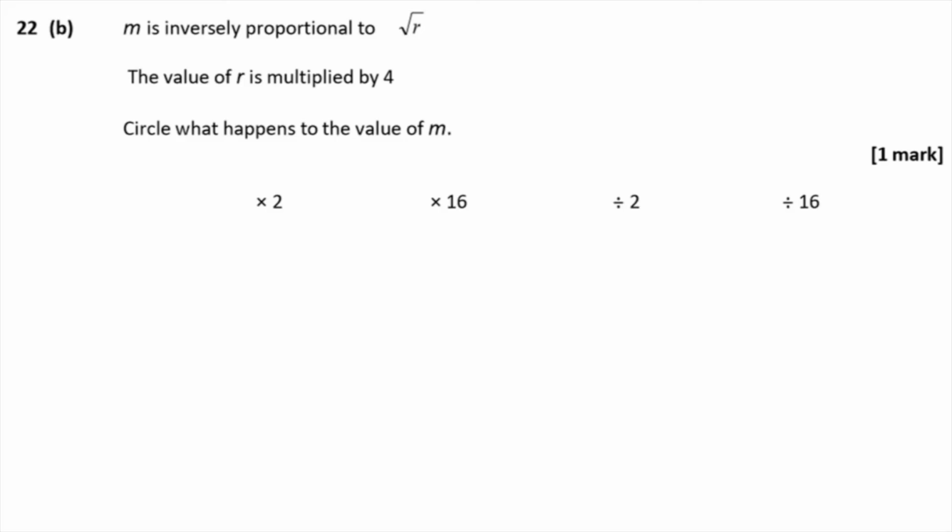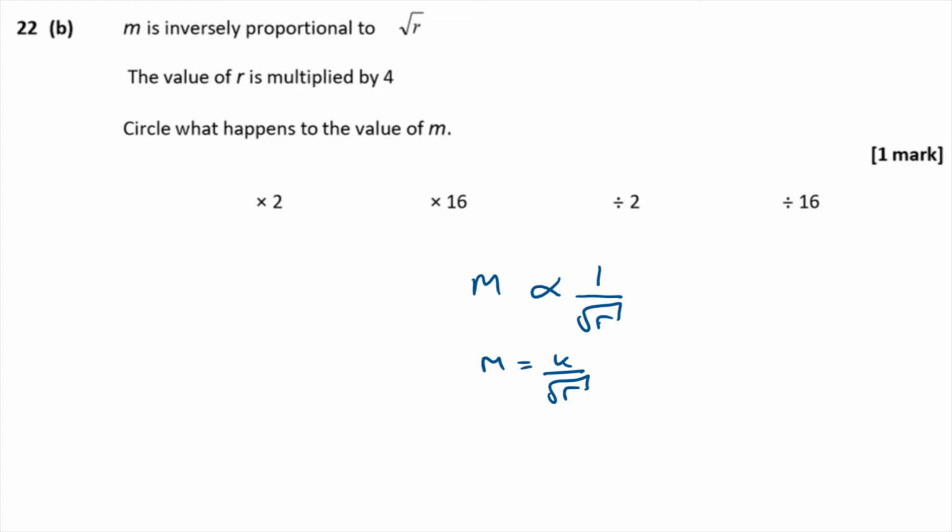Right, so m is inversely proportional to the root of r. Okay, in other words, m equals some constant over root r. Okay, now I don't know what r is, but if I times it by 4, so it gets 4 times bigger, what's going to happen to m?